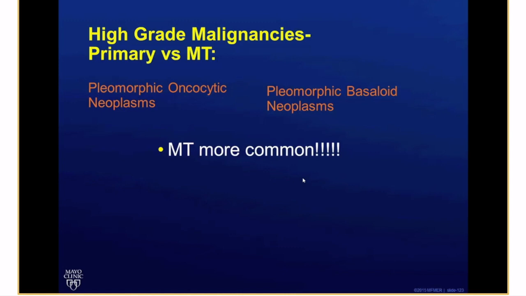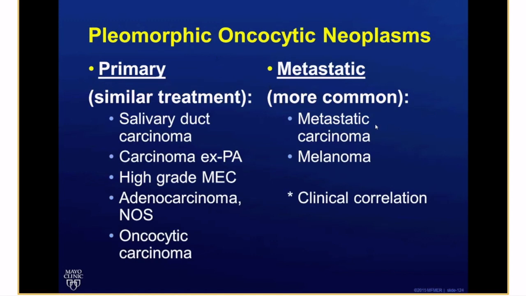And among the primary lesions, again, you can subdivide the lesions among pleomorphic oncocytic and pleomorphic basaloid neoplasms. And the lesion we were just discussing was a pleomorphic oncocytic neoplasm.